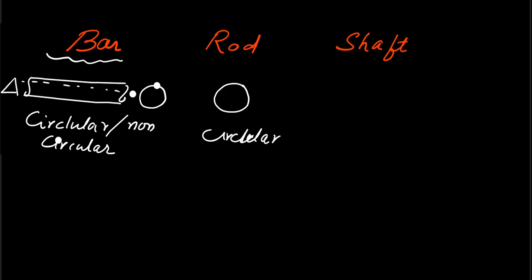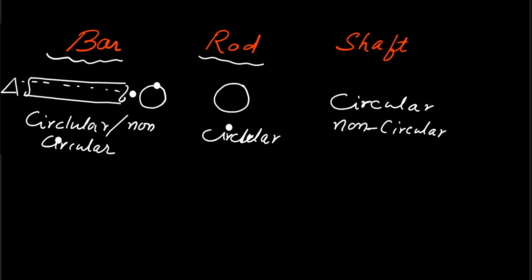The cross-section will be circular for the rod, and in case of shaft, again it can be circular or it can be non-circular also.